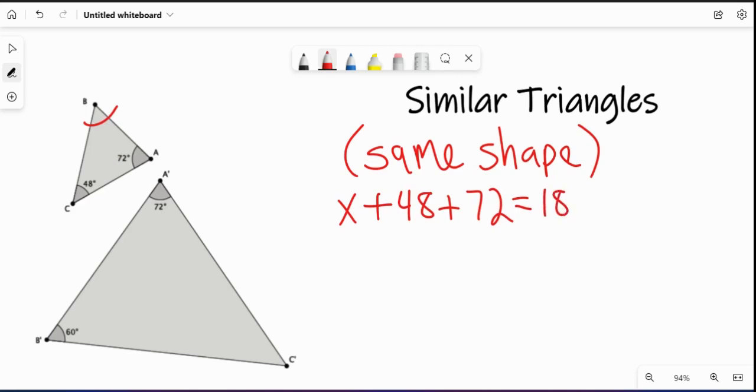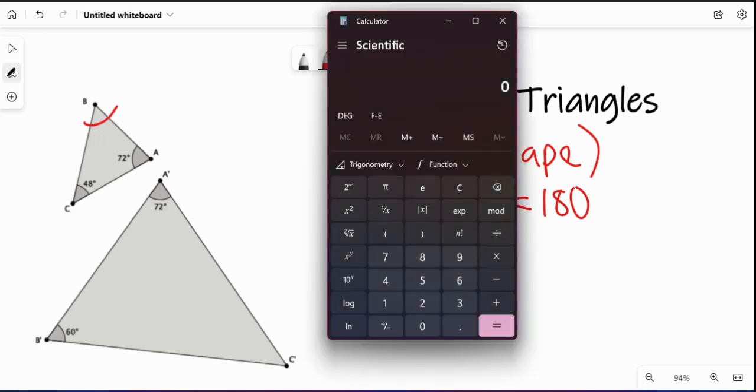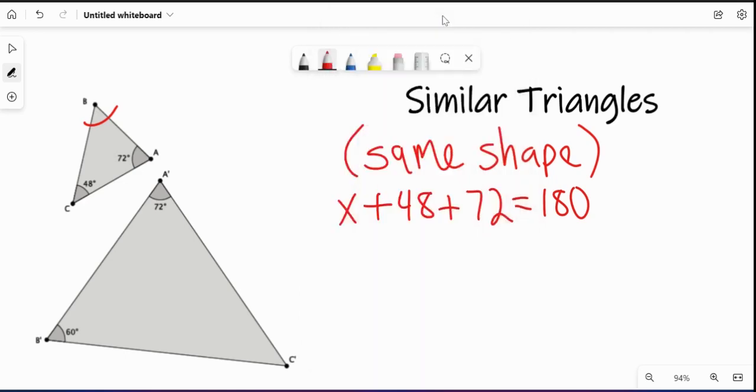But a quick way to do that is just use your calculator. You know that there's 180 degrees in the triangle, and so you just have to subtract these two angle measures to figure out the missing angle. So 180 minus 72 minus 48 is 60 degrees. So that means this angle measure is 60 degrees.